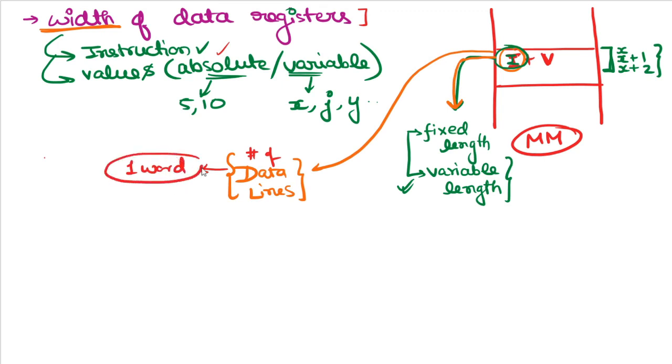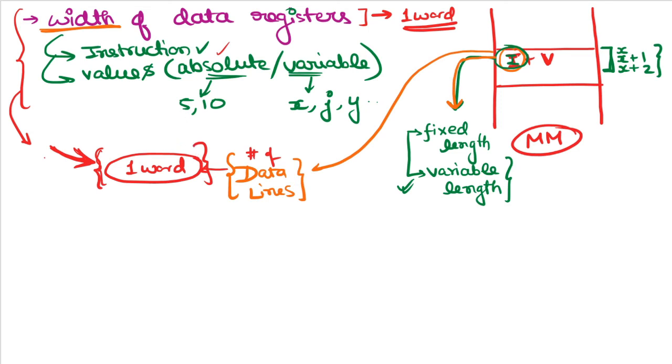So what we generally do is we take the width of data register to be one word. Mostly all these processors have registers of width one word. All the data registers have one word of capacity, and one word of information can be stored in data registers. I think it makes sense.